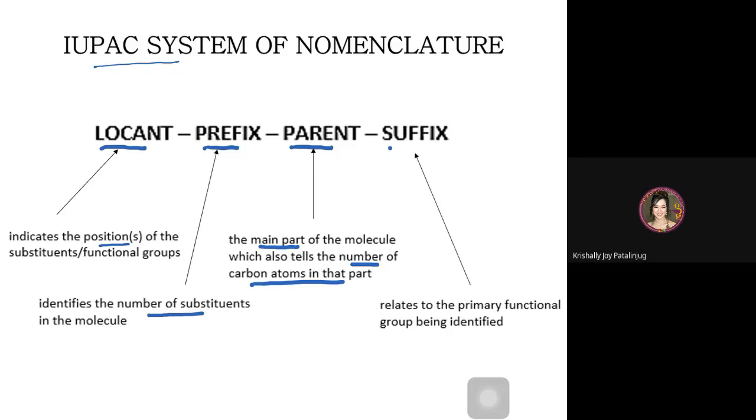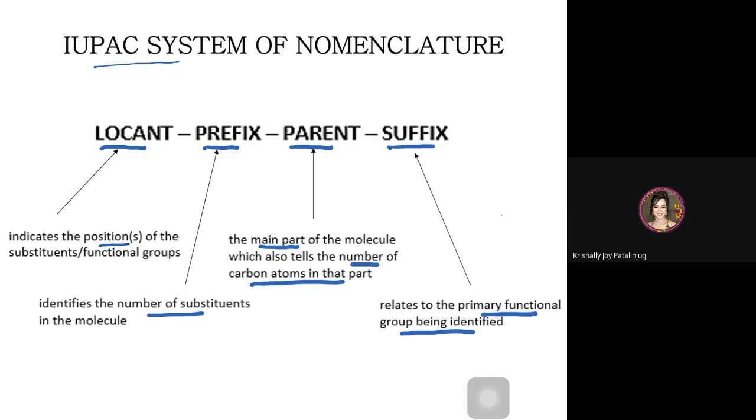And lastly is the suffix. The suffix, of course, is added to the end part of the name. This will tell us about the functional group present in that molecule. So it helps us identify the primary functional group present in that molecule.